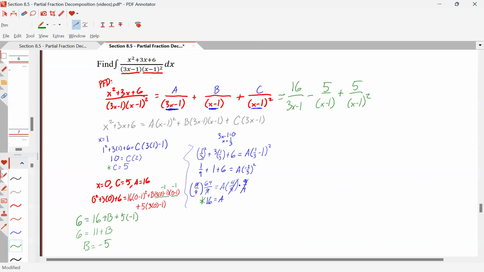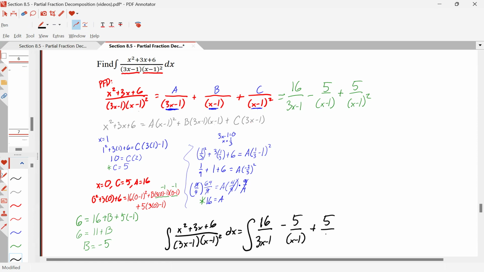So to find this integral, the integral of x squared plus 3x plus 6 all over 3x minus 1 times x minus 1 squared is equal to the integral of our partial fraction decomposition. And each one of these is easy to integrate.